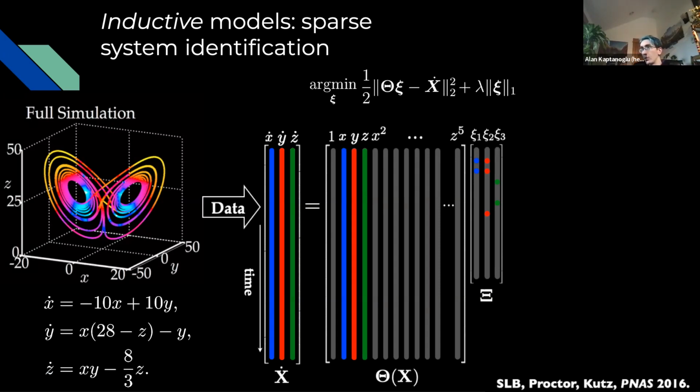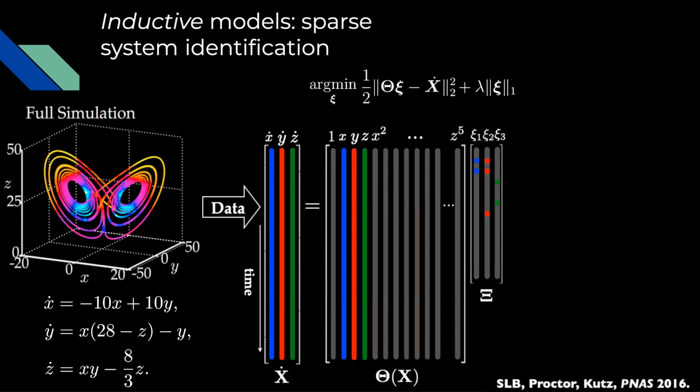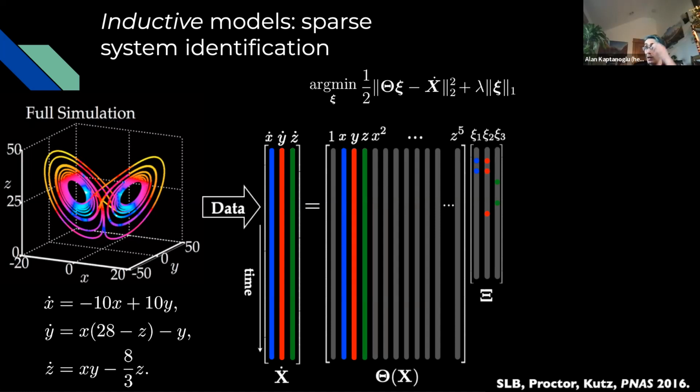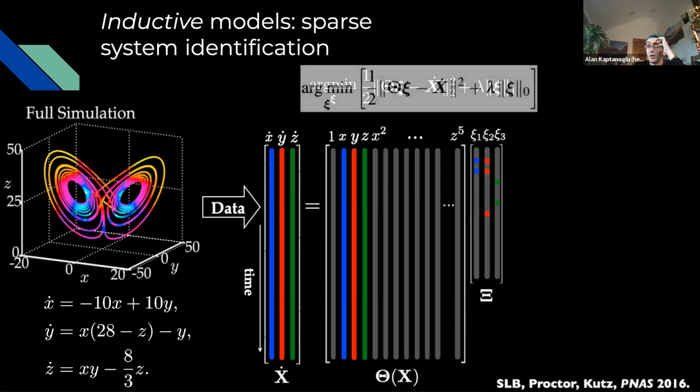So you might add what's this L1 norm here to do that. This is still convex. Turns out it tends to work even better if you add what's called the L0 norm there. And this was the main innovation of my old advisor Steve Brunton and Nathan Kutz's paper in 2016. Basically the idea is this sparsity prior.